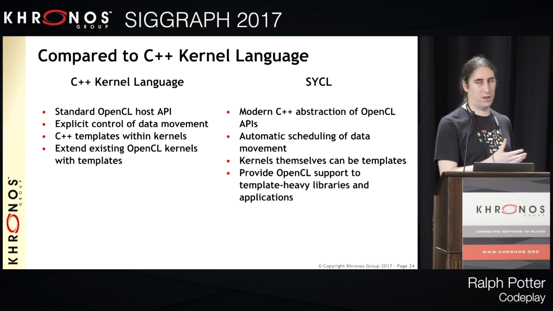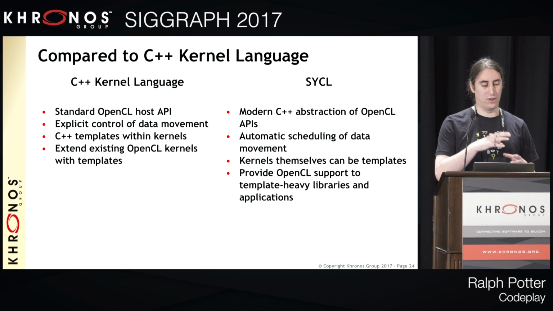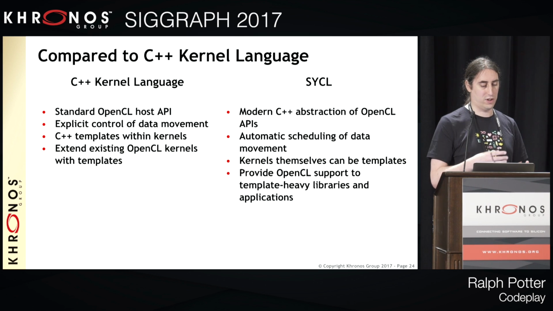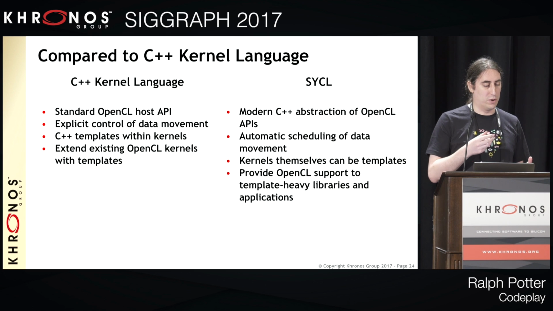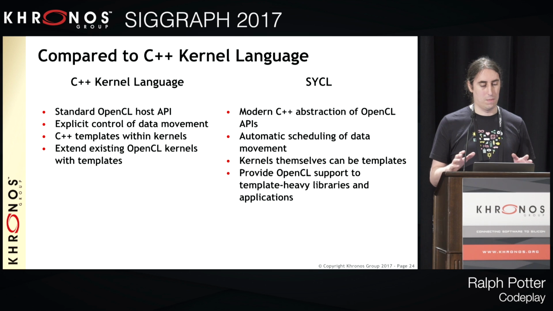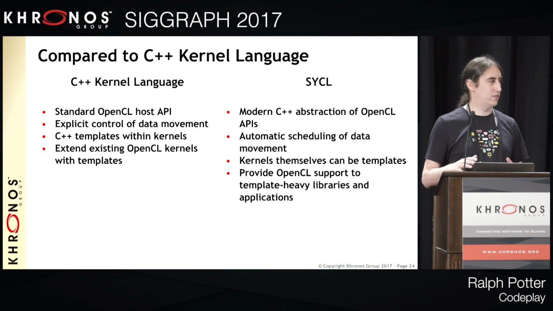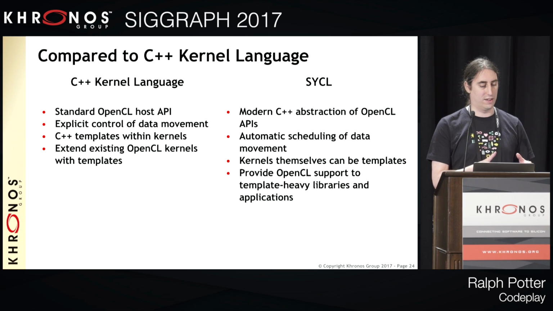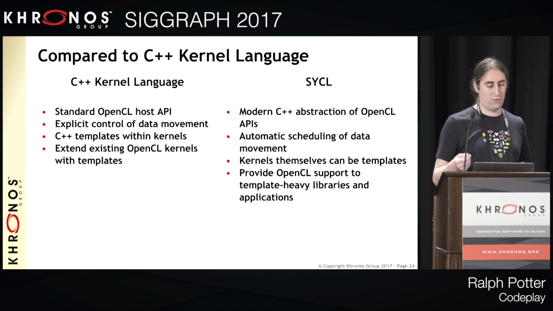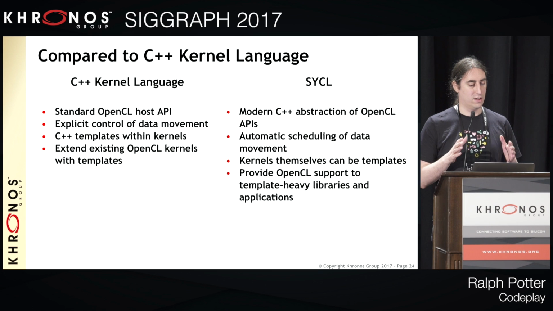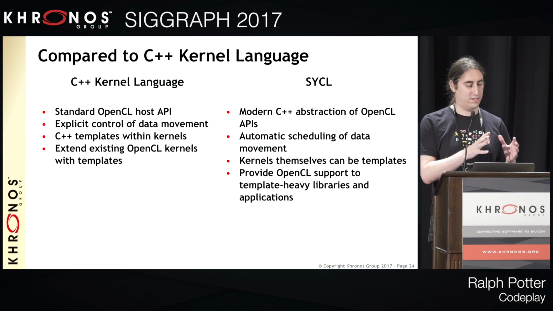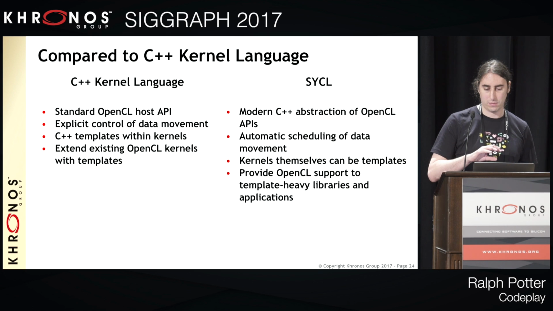If you already have an OpenCL application, and you've done all the scheduling work, you've done all the host API work, you've already written some of your kernels in OpenCL, but you'd like to use some C++ and some templates inside your kernels, then maybe the kernel language is the easier route in that case, because you've done a lot of the work anyway. But there is a constraint that the C++ kernel language today allows you to use templates within your kernels, but doesn't yet allow you to template a kernel.